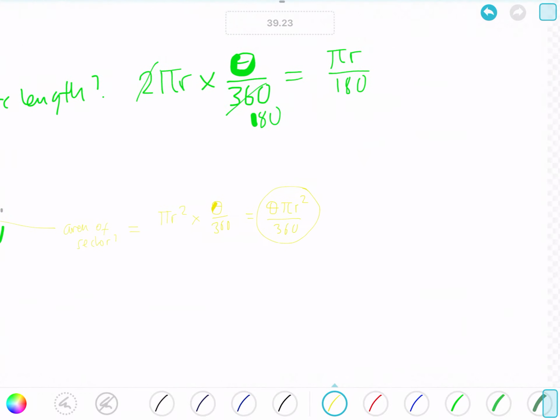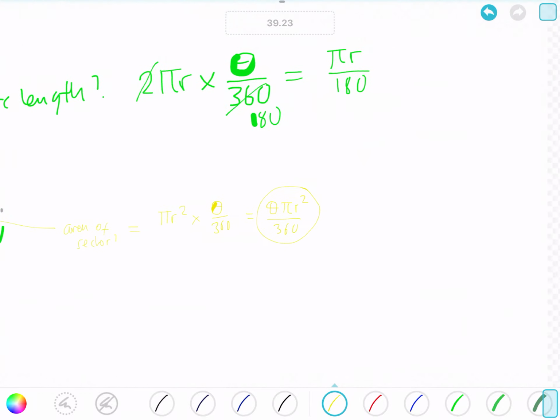So let's do the same thing. A circle, an angle, but this time we'll do it in radians. So here we've got r again. Let me just slow down.